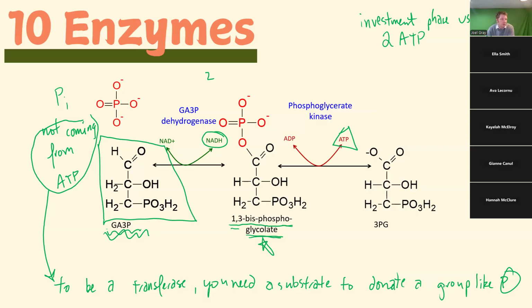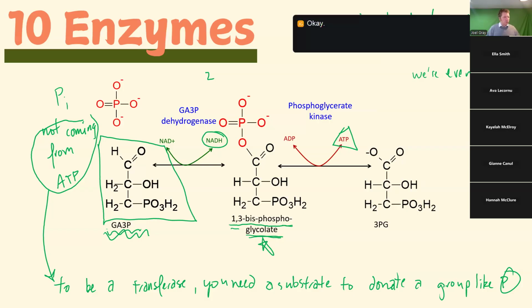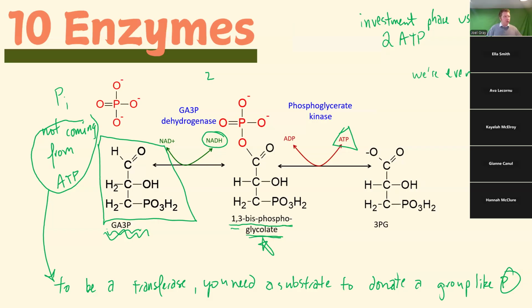So if you think about it in terms of debt and payback, we're even. Give me a minus sign if that makes sense. Okay, great. So at this point in time, after phosphoglycerate kinase, we're even. We invested 2 ATP in the first half of glycolysis, and now we've gotten 2 ATP back.